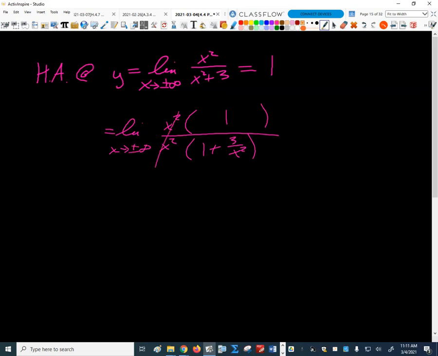Those cancel algebraically, and so this is just equal to the limit of 1 over 1 plus 3 over x squared as x approaches plus or minus infinity. And 3 over x squared, as x gets huge, that term in the bottom just approaches 0, so I get 1 over 1, right? In this case. Does that make sense? Is that ringing a bell?